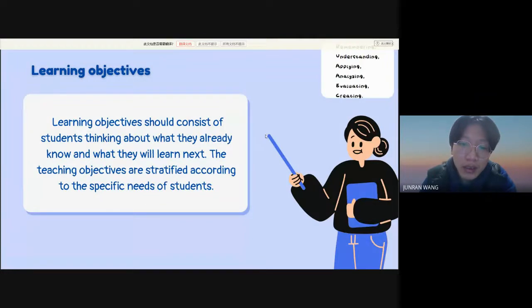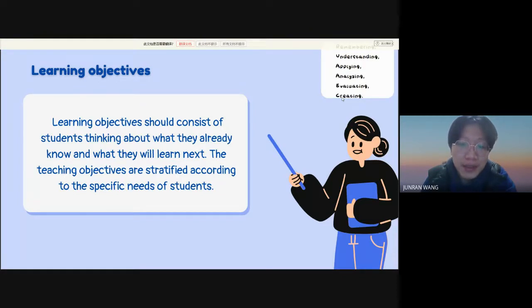Bloom made a specific classification of different levels of cognition, namely remembering, applying, analyzing, evaluating, creating.